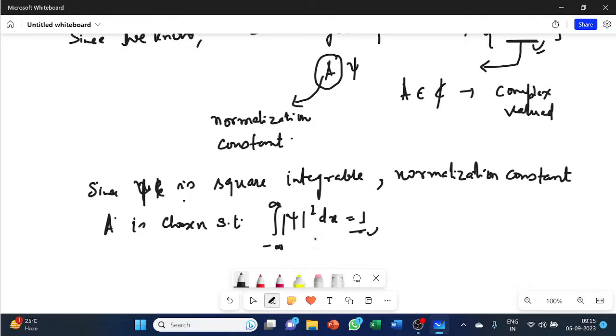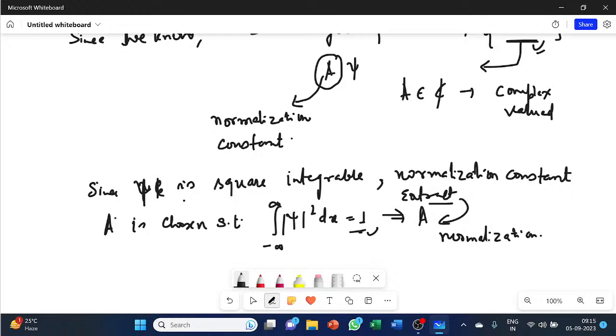From here you can extract the value of a, and this a is called the normalization constant.